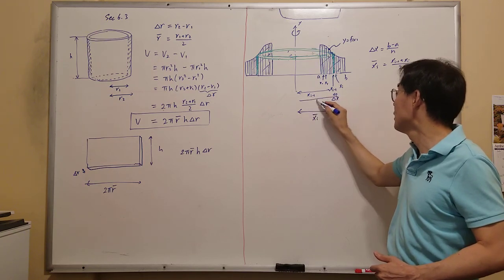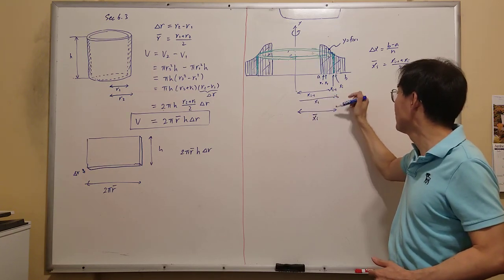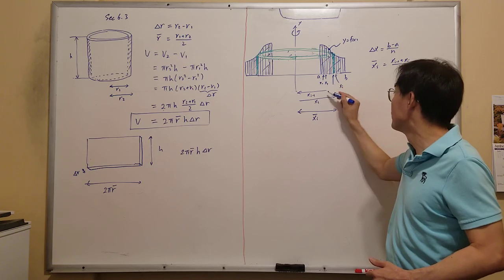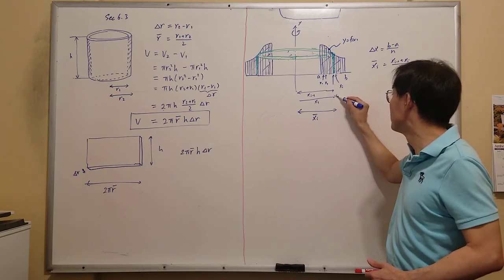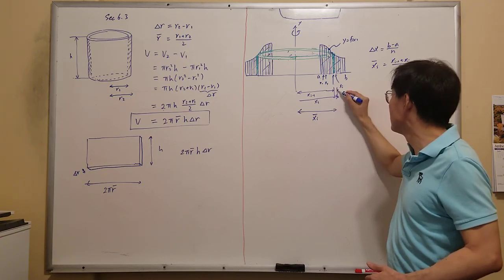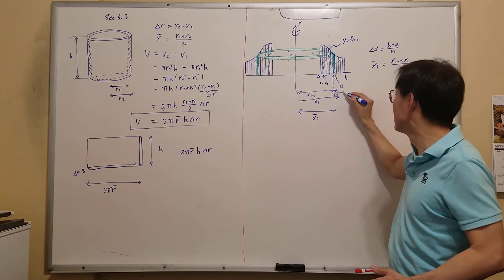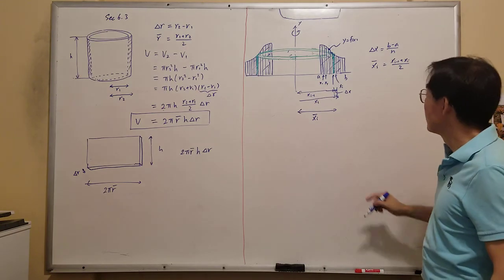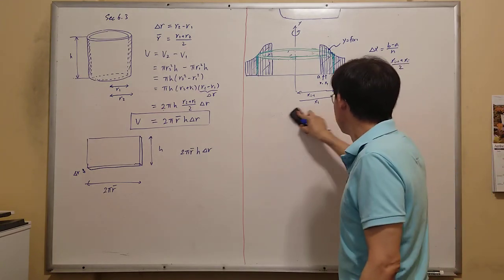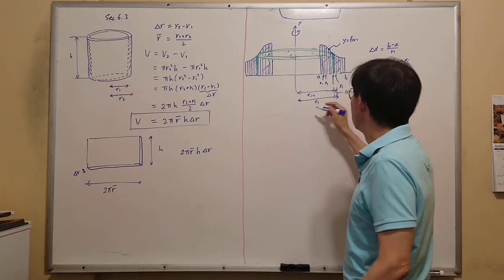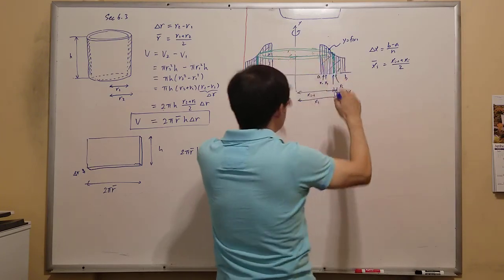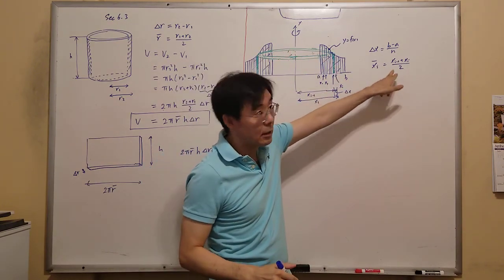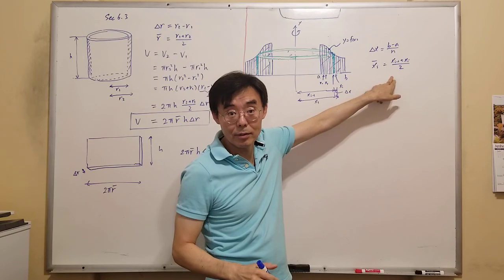The outer radius is x_i, right? That's why the difference is delta x, right? So for this ith shell's radius, we can take the average value of this, all right?